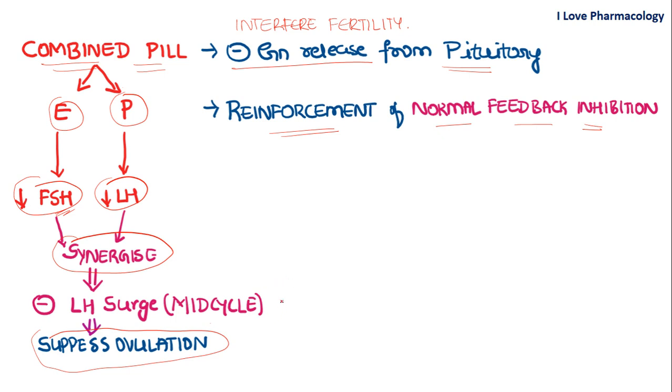Once you abolish the LH surge in the mid-cycle, what happens to the follicular development? The follicular development will fail. Once there is a failure of the follicular development, the consequent step will fail.